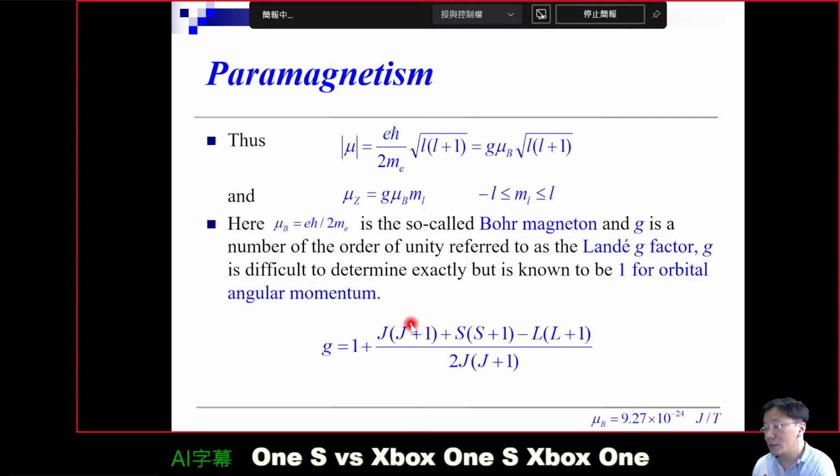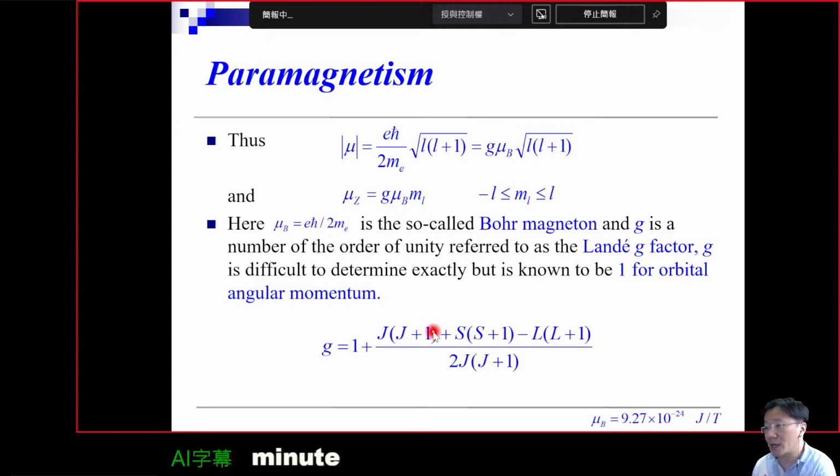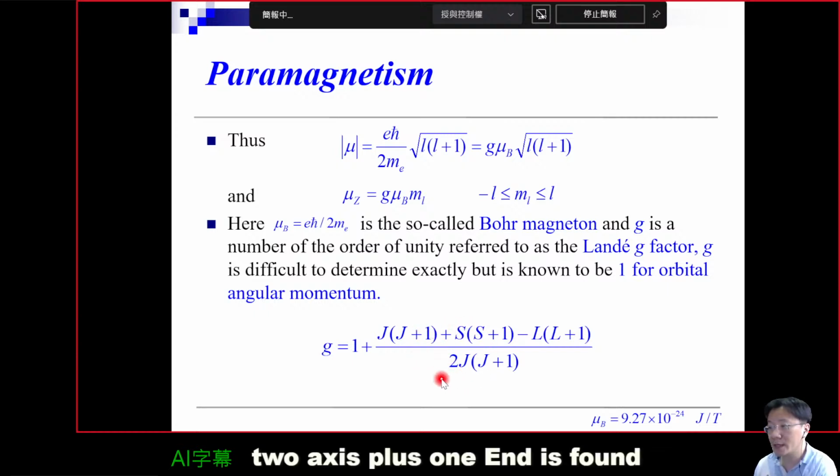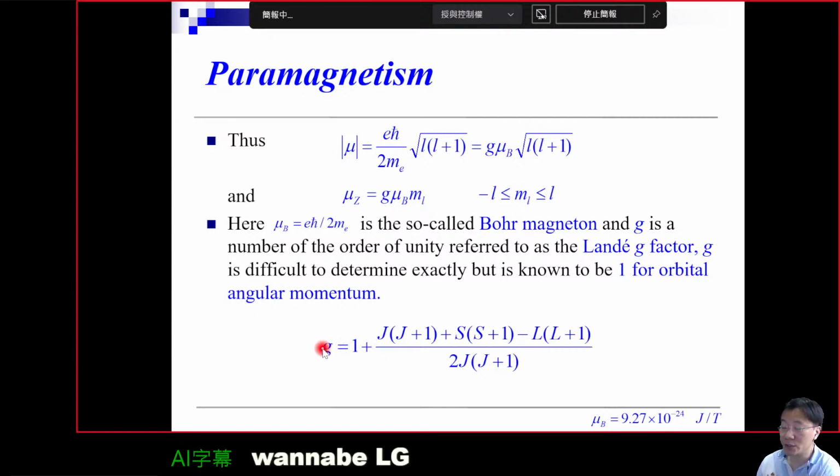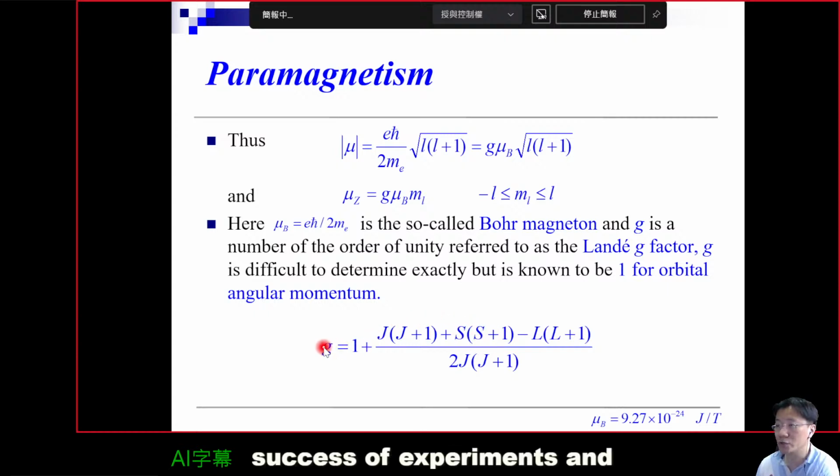So the numerator and denominator are both 2S plus 1, and this term would be equal to 1. So 1 plus 1 gives you a g factor equal to 2. This is also the reason why spin angular momentum will give you a g factor equal to 2.